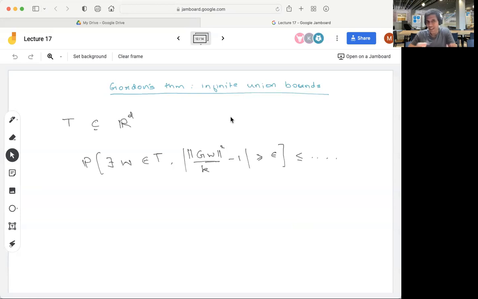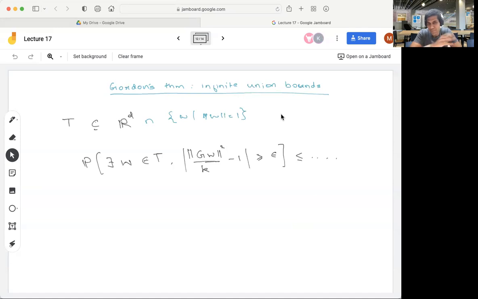In particular, there are statements which work even for possibly infinite subsets of R to the D, where these subsets are really subsets of vectors. I'm writing the sphere in a really complicated way, but this is just a T-1 dimensional sphere.